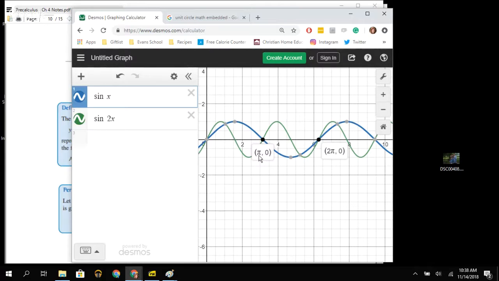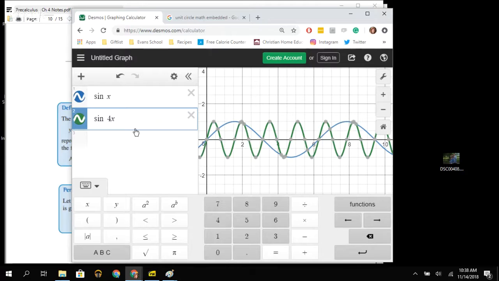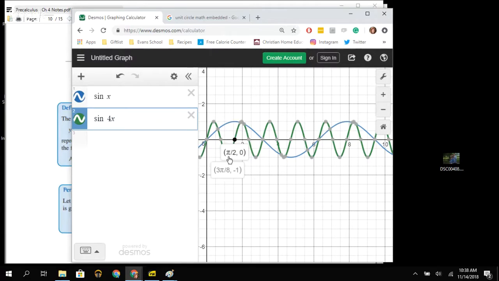My period is cut in half by the fact that I multiplied by 2, right? The sine curve is basically going at a faster rate, right? If I multiply by 4, right? My sine curve goes through the rotations, basically starts here and starts back over here, with a period of pi divided by 2.